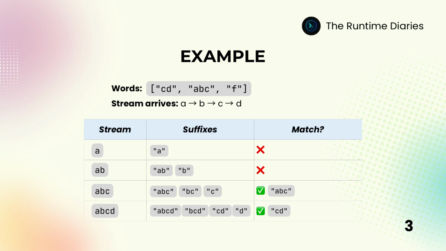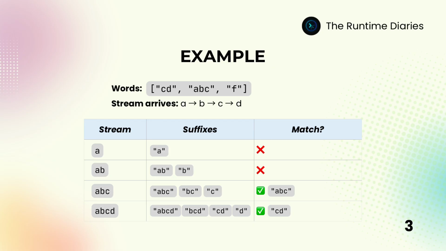Stream arrives, so you get A, then B, then C, then D. After A, suffixes are just A. There's no match here. After AB, suffixes are AB and B. There's no match here as well.